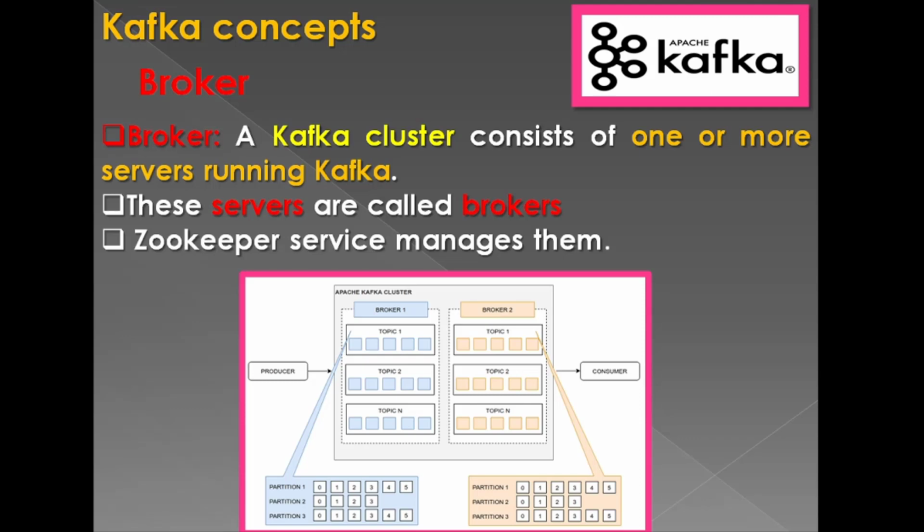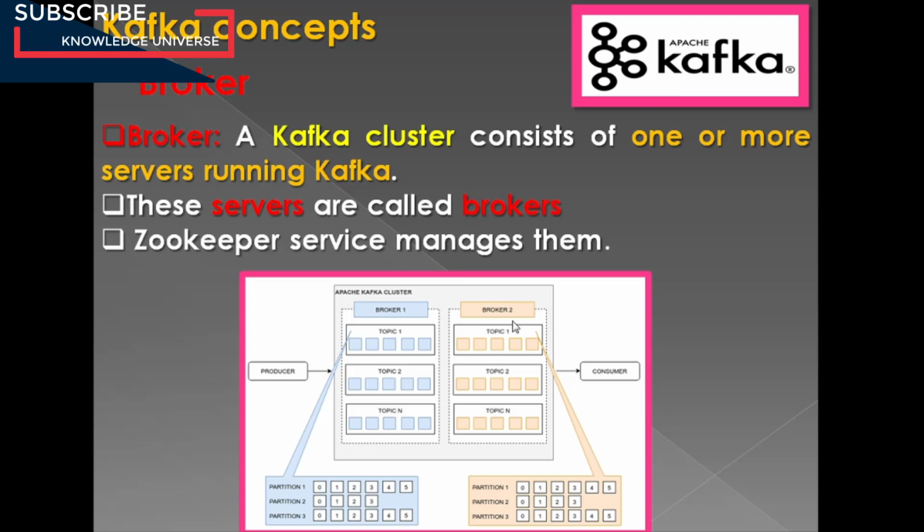A broker is one of the important concepts of Kafka. A Kafka cluster consists of one or more servers running the framework Kafka. These servers are called brokers. For example, in this example, I have 2 brokers.